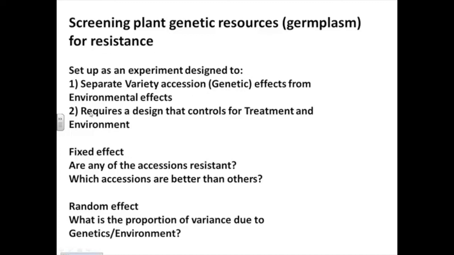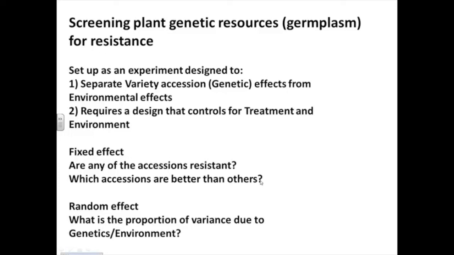So in order to do that, it requires that we have a design that controls for treatment and environment. Right? Okay. So if we want to treat this as a fixed effect, we're really asking the question, are any of the accessions resistant? And maybe even which accessions are better than others? Okay, so this is a perfect fixed effects question to ask.